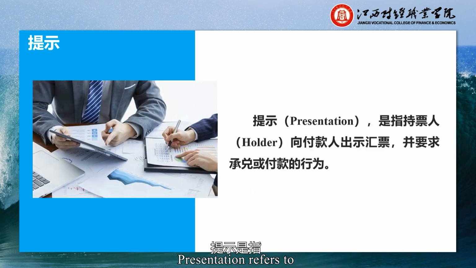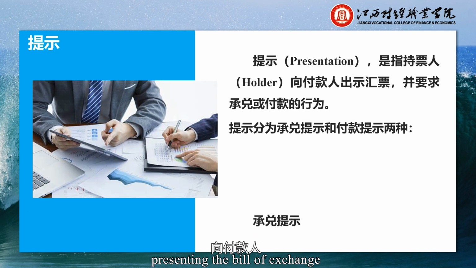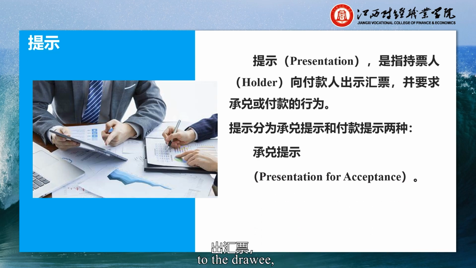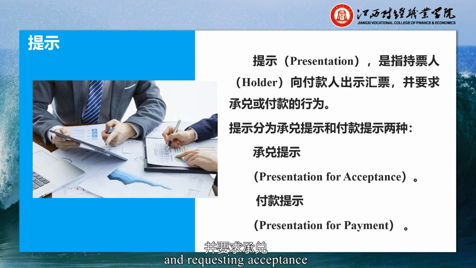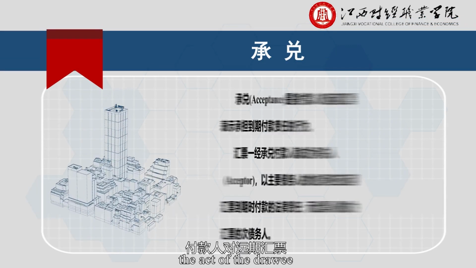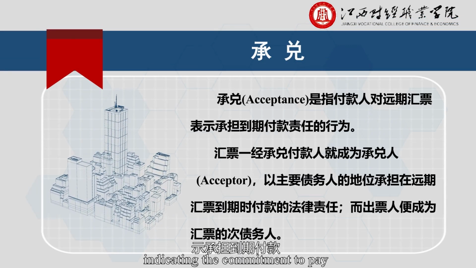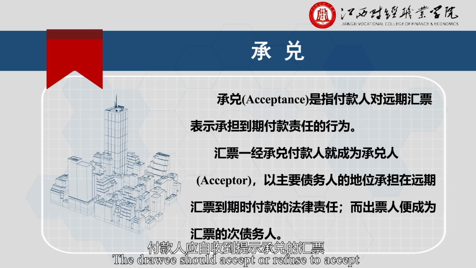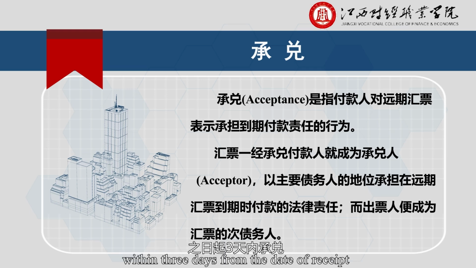Presentation refers to the act of the holder presenting the bill of exchange to the drawee and requesting acceptance or payment. Acceptance refers to the act of the drawee indicating the commitment to pay at maturity for a usance bill. The drawee should accept or refuse to accept within 3 days from the date of receipt of the bill presented for acceptance.